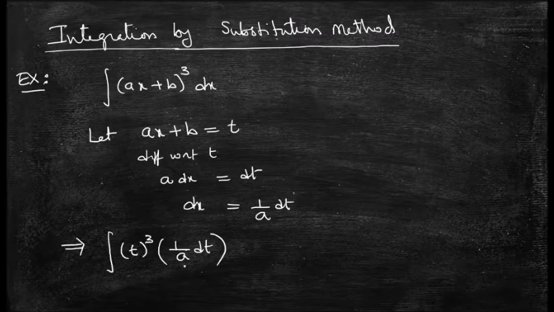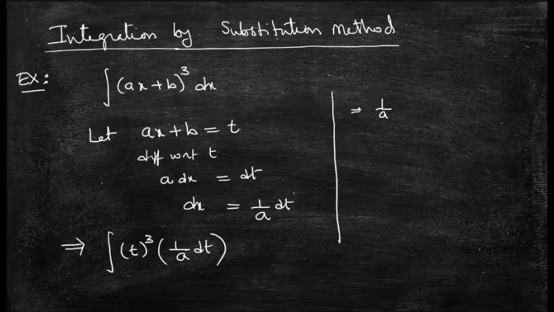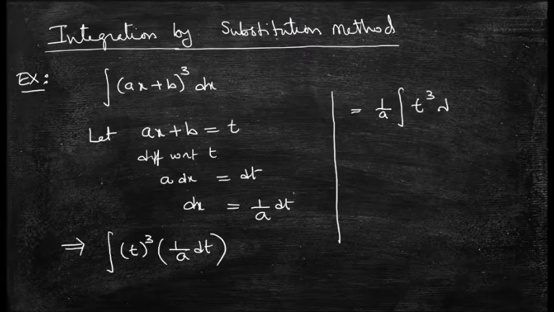Now 1 by a is a constant, so I can take it outside. When I take it outside, I write here 1 by a times integration of t cube dt. Now it is in the simple structure, x cube dx form, same as t cube dt.